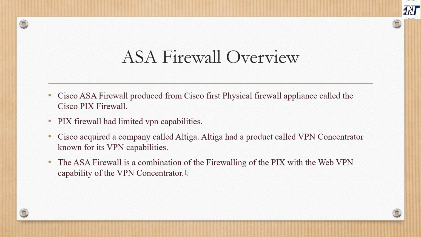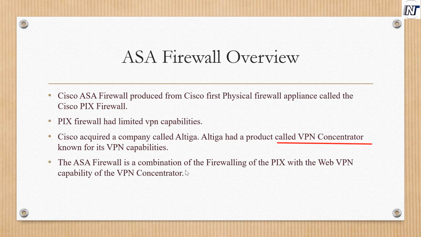ASA firewall overview. These are some points I already covered. Here we are talking about the first physical firewall, the PIX firewall. This firewall had some limited VPN capabilities. Then Cisco acquired another company by the name of Altiga. Altiga had a product, the VPN concentrator.